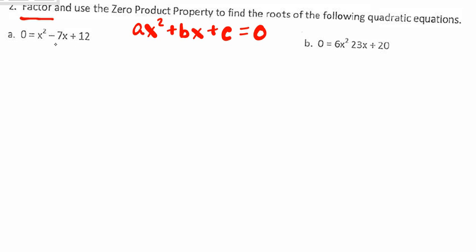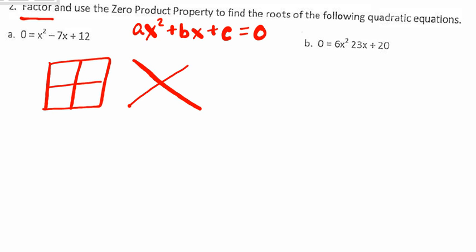And we take a look at problem A, and it is in fact in the correct order, ax squared plus bx plus c equals 0. So we can draw our diamond and generic rectangle. We put the ax squared term in one corner, so I've got x squared.